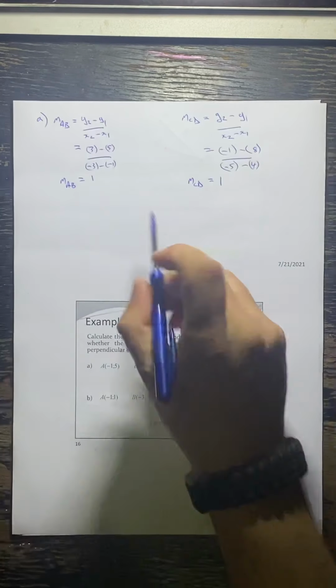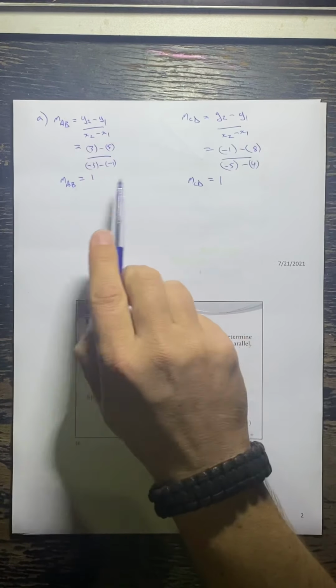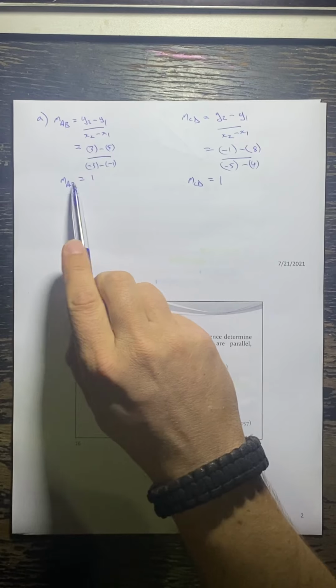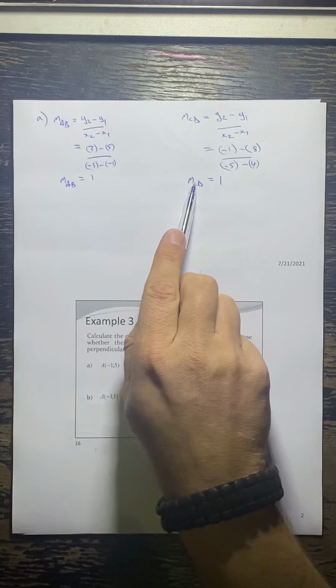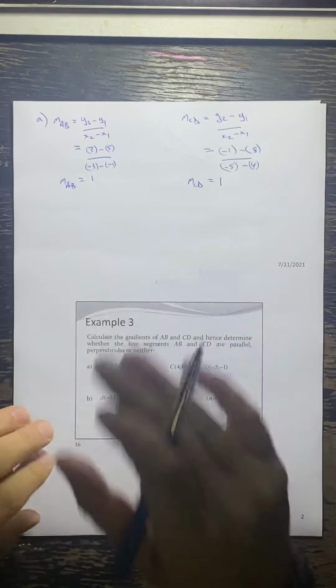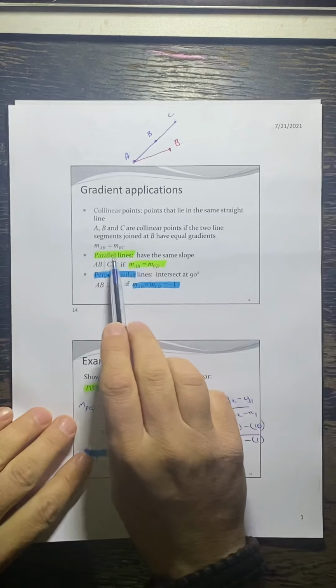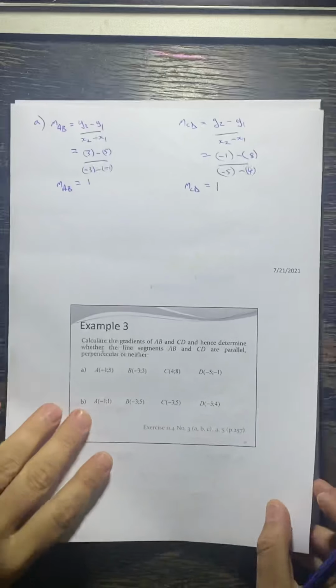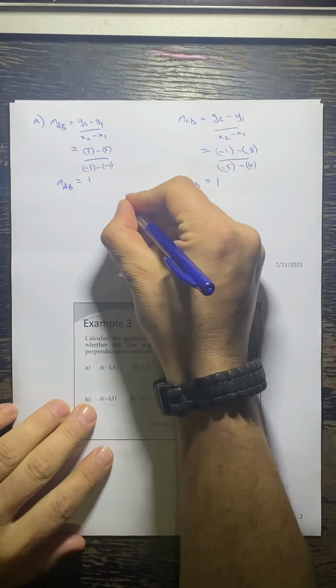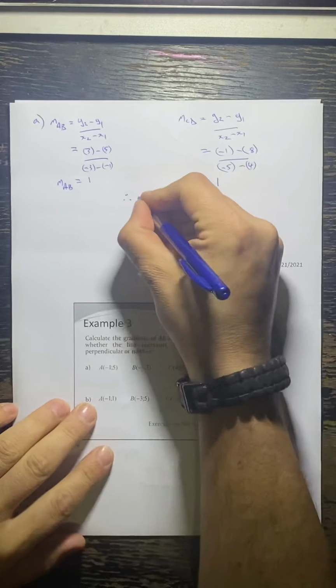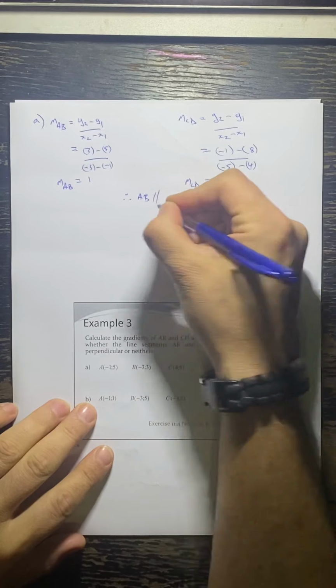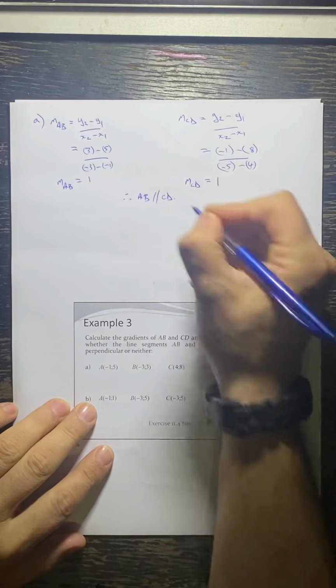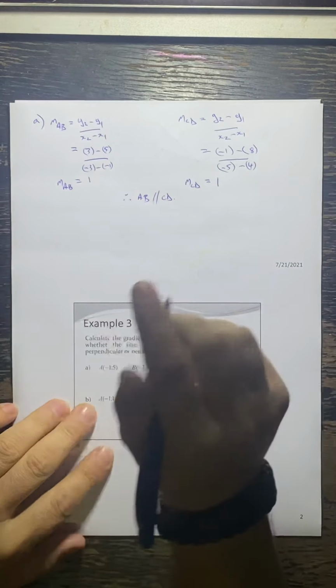Okay, so if we look at these two gradients now, the gradient of AB is equal to 1 and the gradient of CD is equal to 1. Now, because the gradients are equal, that means that the lines are parallel. Okay, so therefore AB is parallel to CD, just because the gradients are equal.